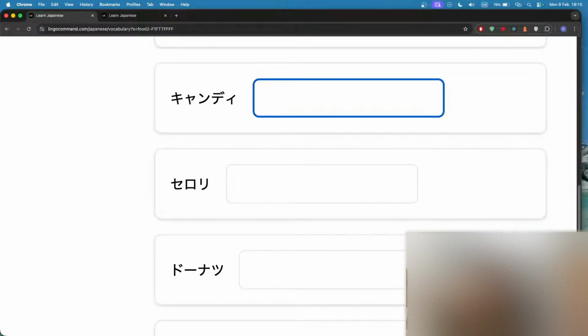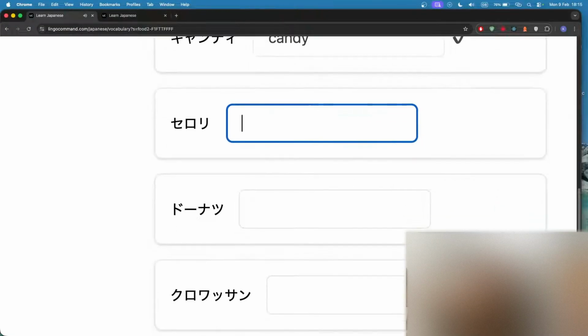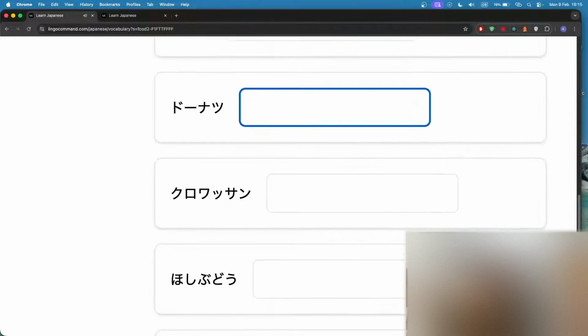Next one here is candy, which is candy. Serori is celery. Donatsu is donuts.